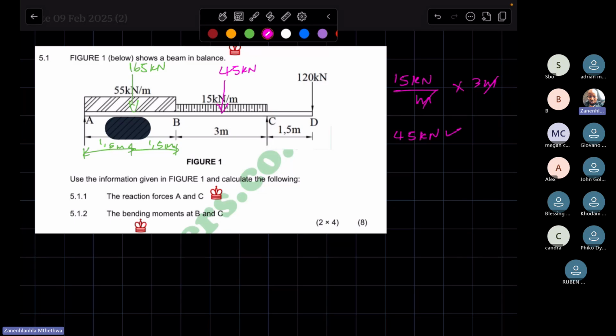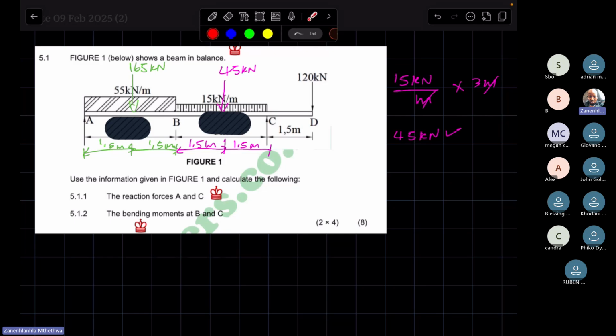The 45 kilonewtons is going to act at half of the span. Seeing that the span of the UDL here is 3 meters, it means that you have 1.5 here, as well as 1.5 there.